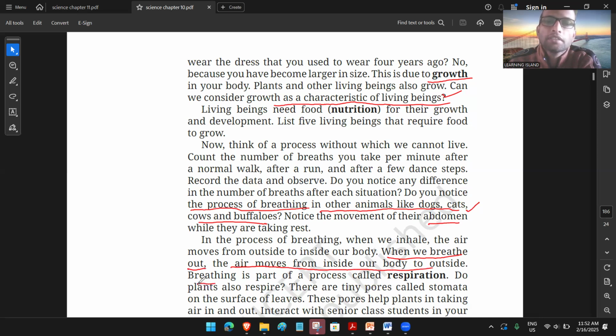So breathing is a part of a process called respiration. So what is respiration? Breathing is a part of a process called respiration. Now a question may come: when we breathe in, what goes inside?